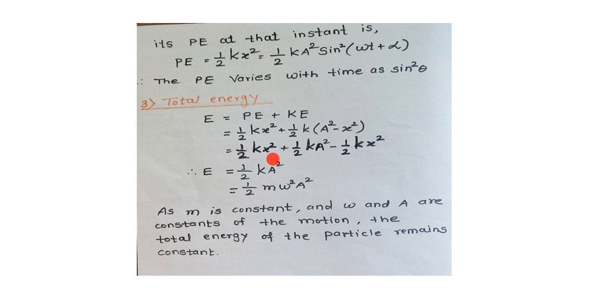This term and this term will be cancelled. We will get here equals to 1 by 2 k a square. Now 1 by 2 m omega square a square, because k is m omega square. And here m is constant and omega and a are the constants of motion. The total energy of the particle remains constant.